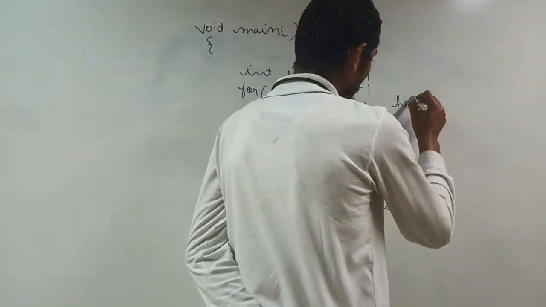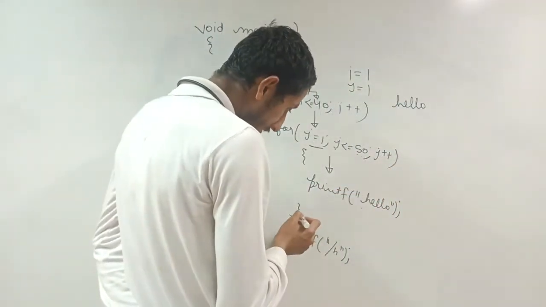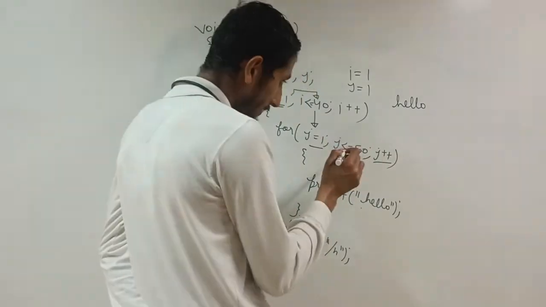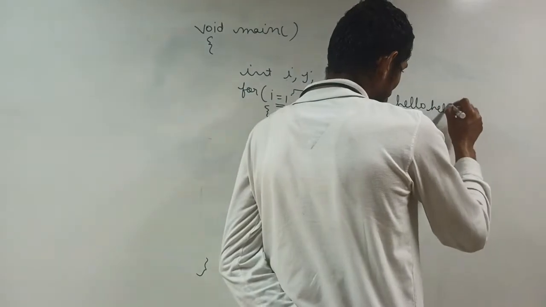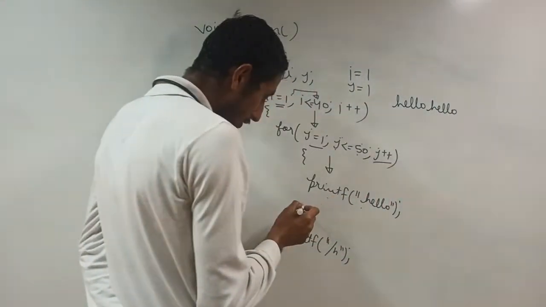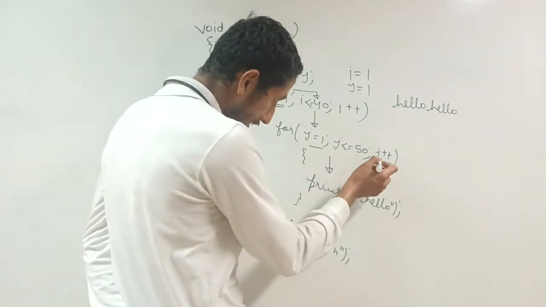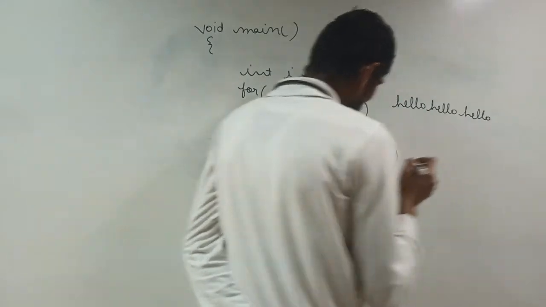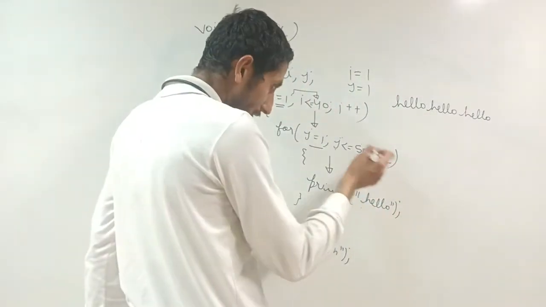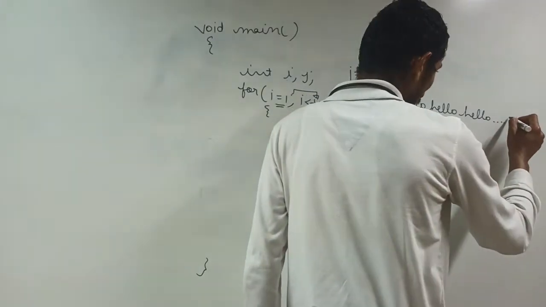Then the value of j becomes 2, 2 less than 50, so it will print hello 2 times. The value of j becomes 3, it will print hello 3 times. The value of j will be incremented by 1 and it will print hello 50 times.